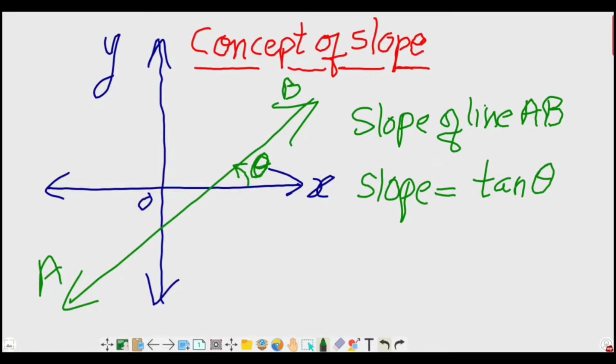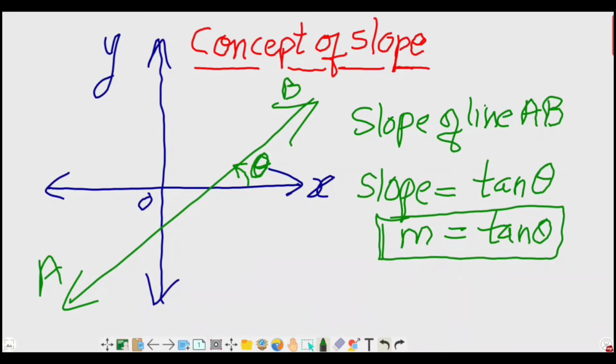Slope is generally indicated by small m, so m will be equal to tan theta. Based on this inclination, we can easily calculate the slope ranging from 0 degree to 90 degree. Based on your 10th standard, you have to consider only these values.